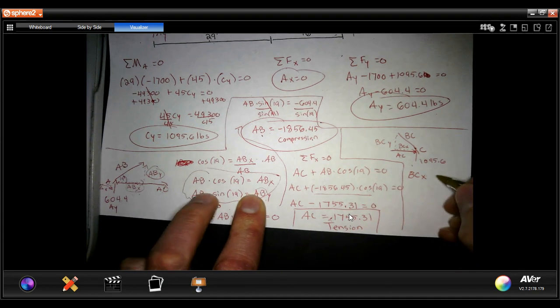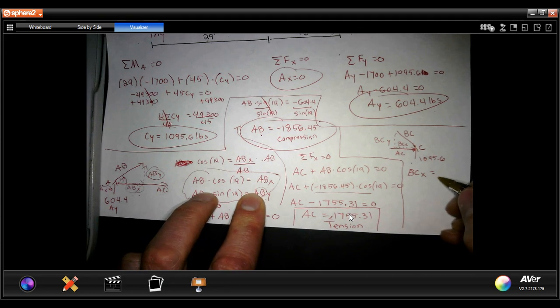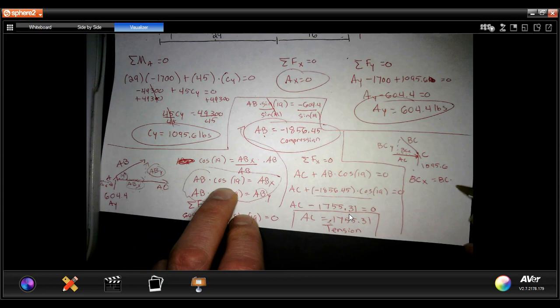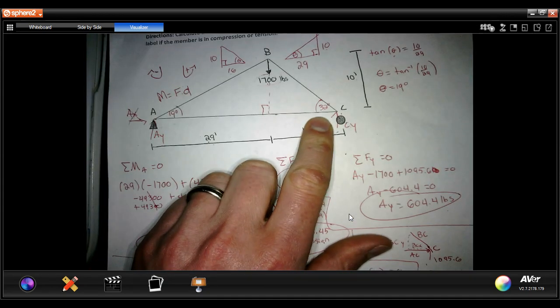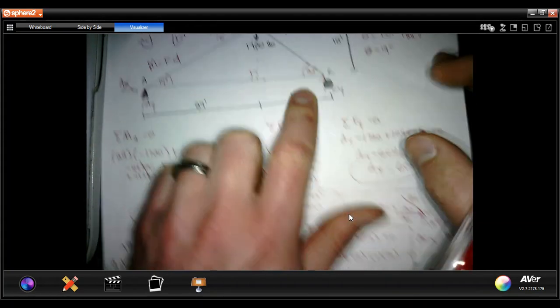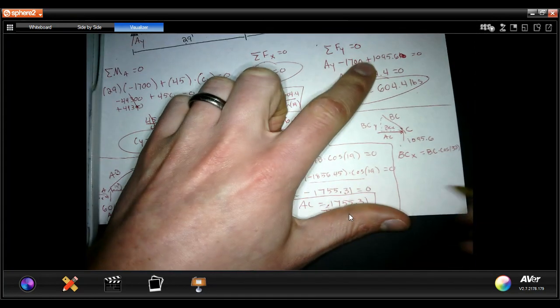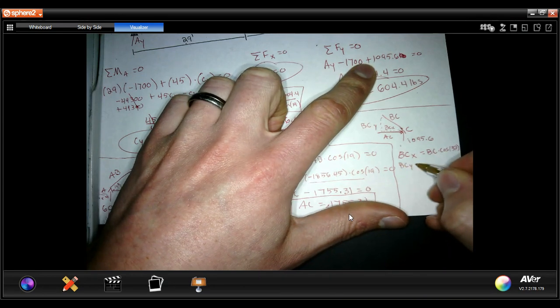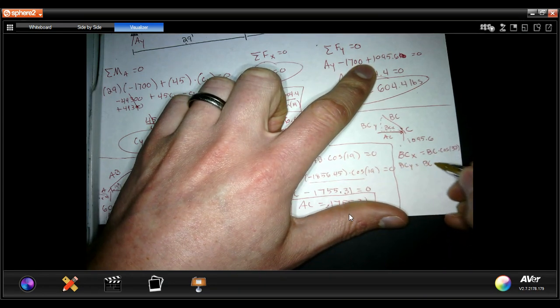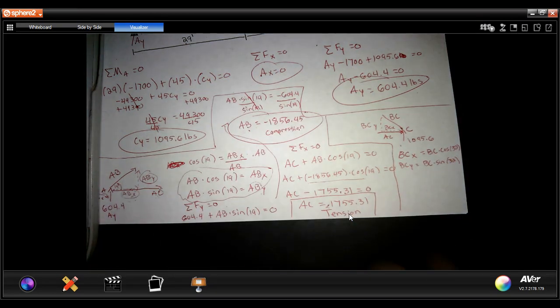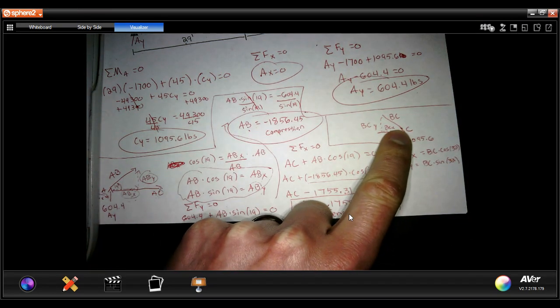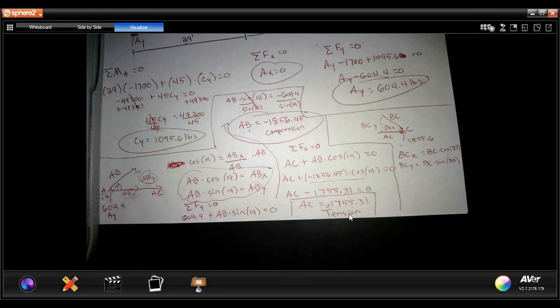BCX is equal to BC times cosine, and this time we're not going to use 19, we're going to use the 32. So times the cosine of 32, and then BCY is equal to BC times the sine of 32, because we know that angle is 32, the different angle than we got over here.